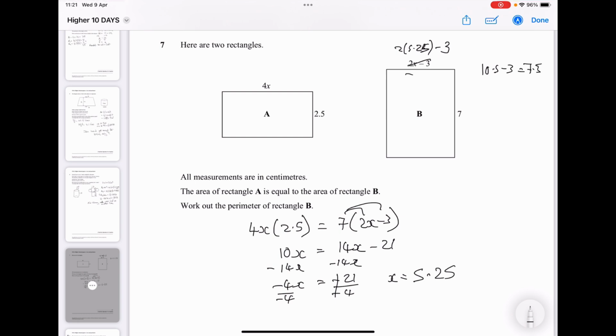So that is 7.5, that means that is 7.5. That is 7. So perimeter of B equals 7.5 plus 7 plus 7.5 plus 7. That's 14 plus 15, which is 29. It doesn't give any units, so 29 is fine.